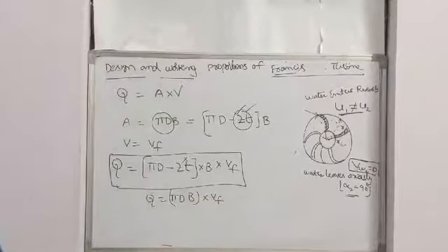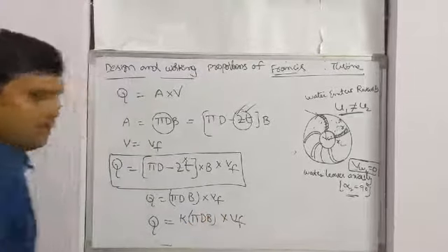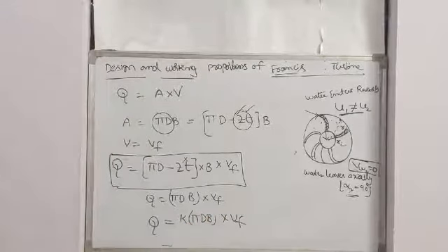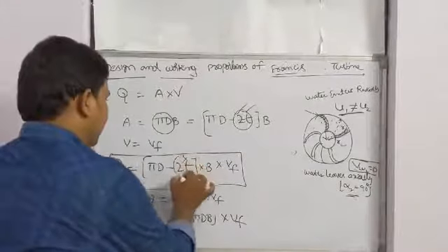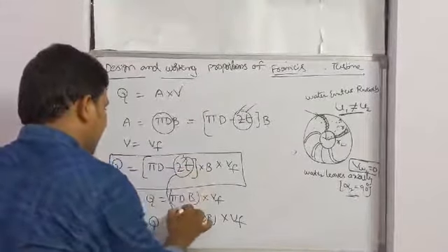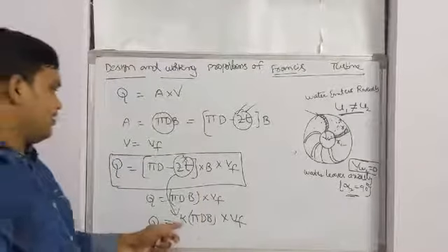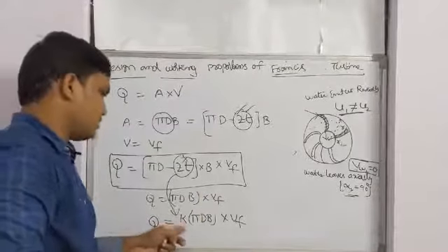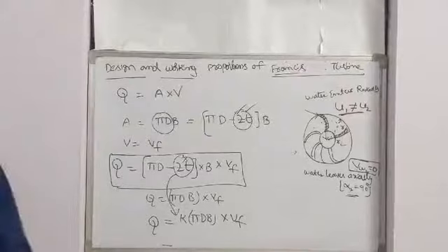Sometimes when the thickness is small, a term K is used: K into pi D B into velocity Vf, where K is a factor to account for the thickness of vanes. If K is given in the problem, use this K. So this is the discharge equation.